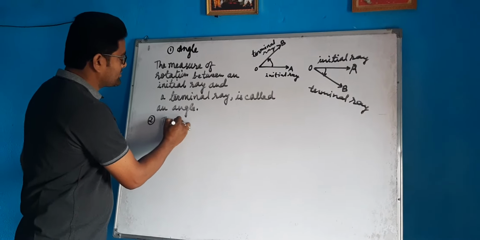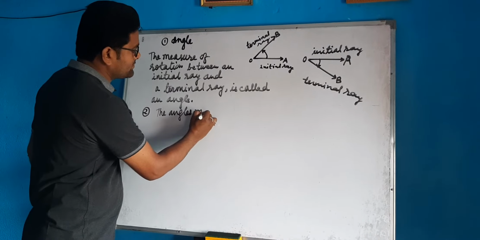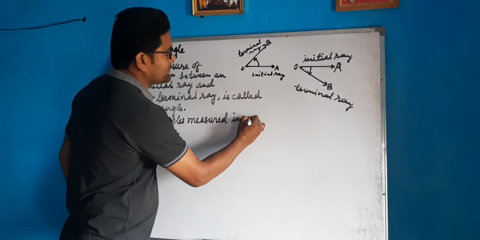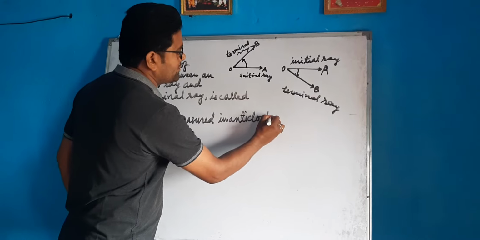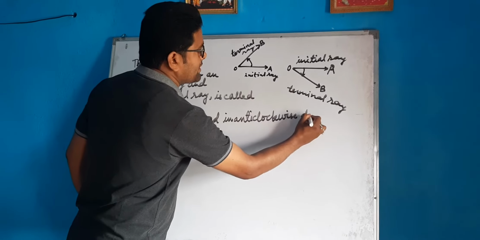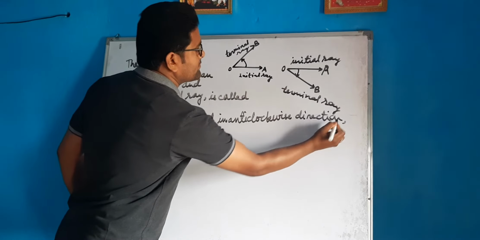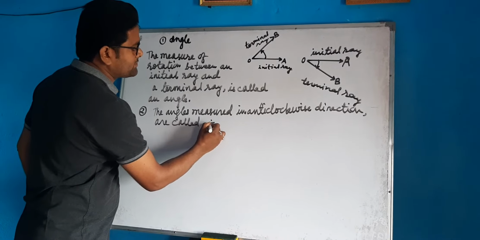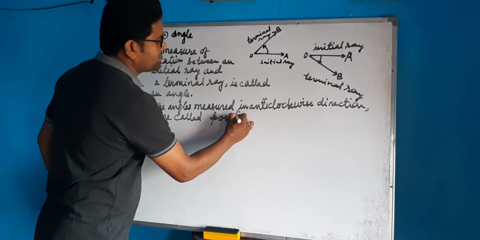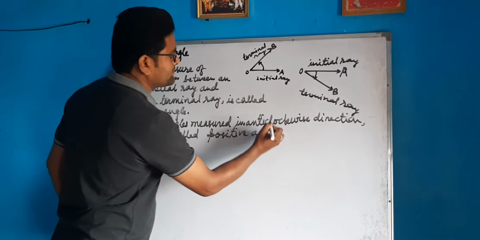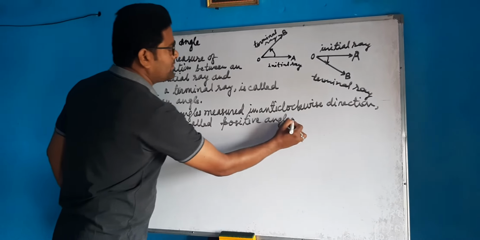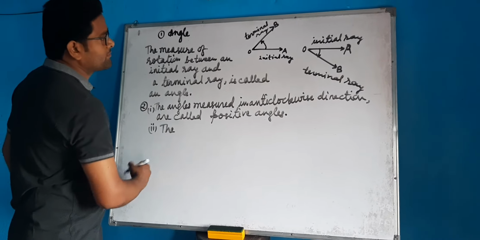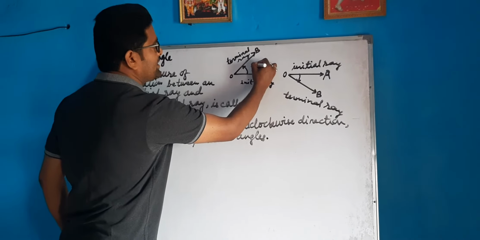The angles measured in the anti-clockwise direction are called positive angles. If the angle is denoted by theta, it is plus theta.